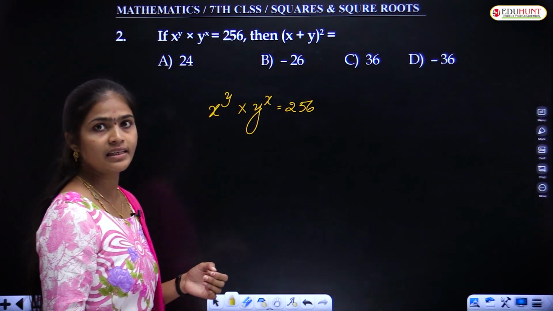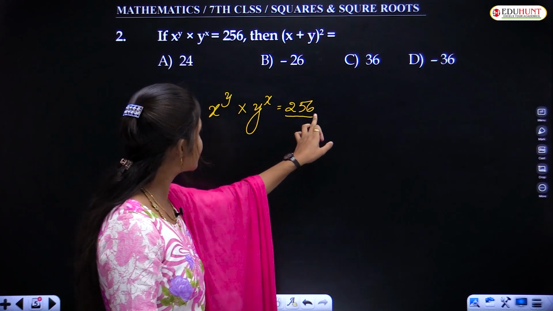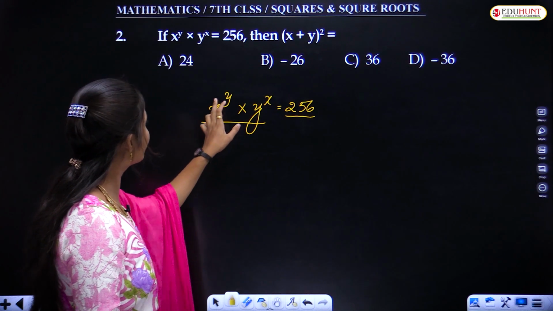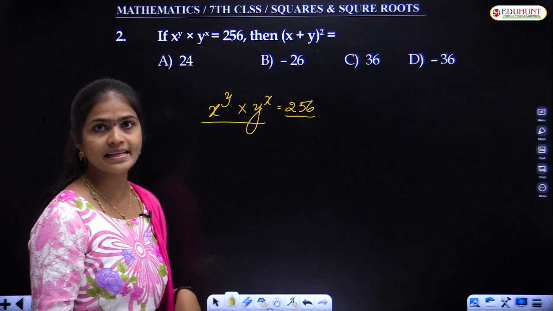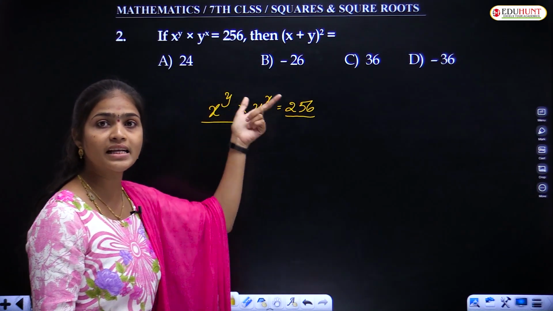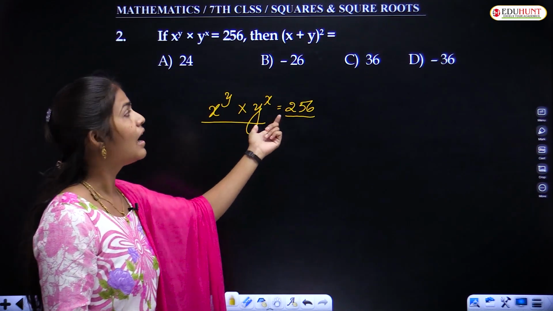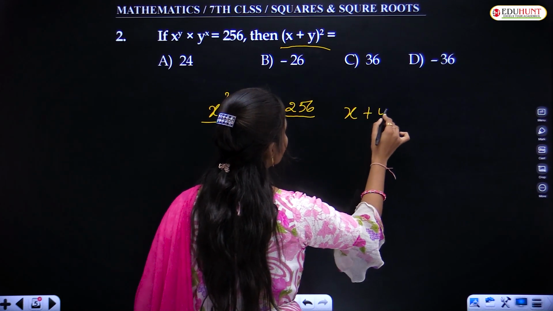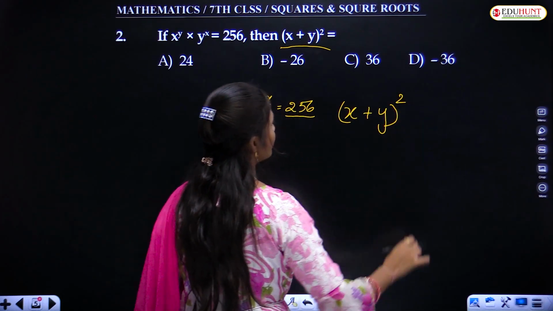Now what they are asking here is that 256 is expressed in this manner, x power y into y power x. In this form we have to express this number. After that, find the value of (x plus y) whole square.